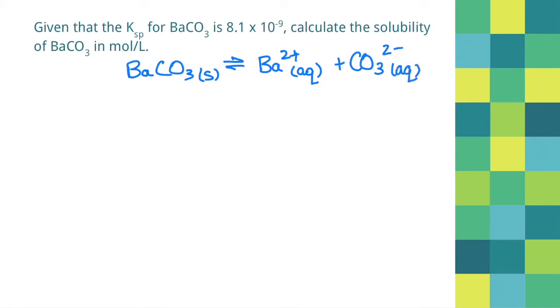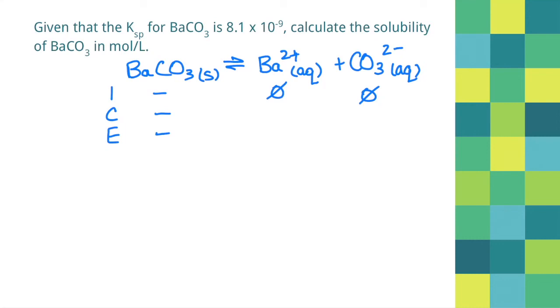Now, because it's an equilibrium, in order to solve for the solubility, we need to make use of an ice table again. Remember, we don't need to include any values for the solid here because it doesn't end up being part of our Ksp expression. We're just going to put lines there. And again, barium and carbonate ions are initially 0.